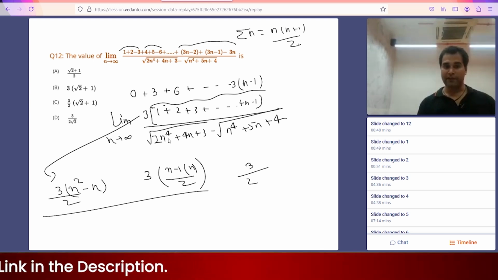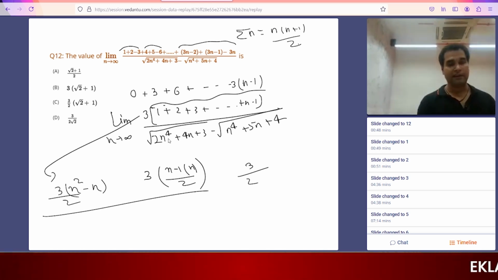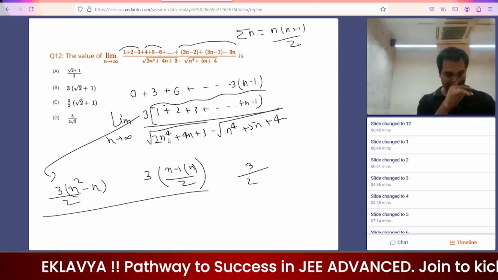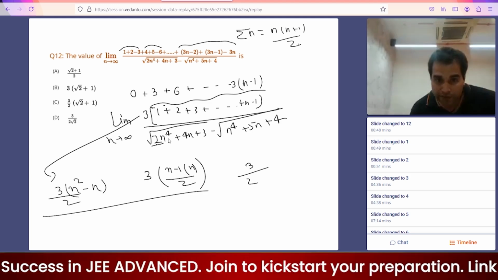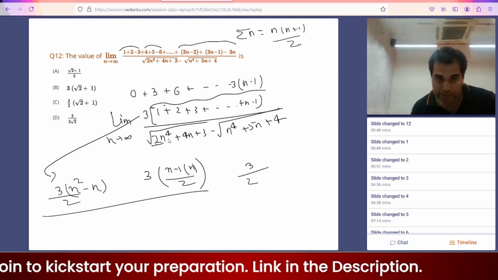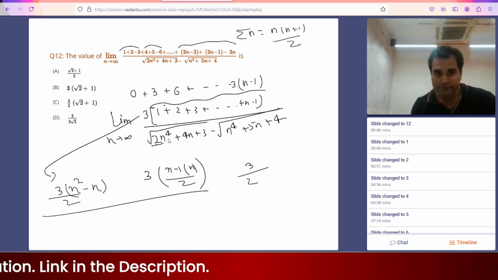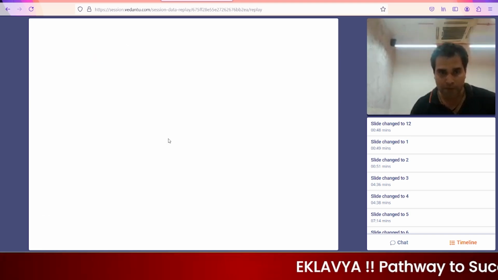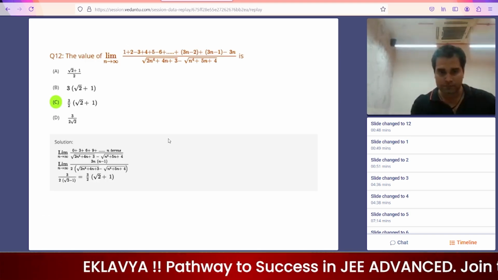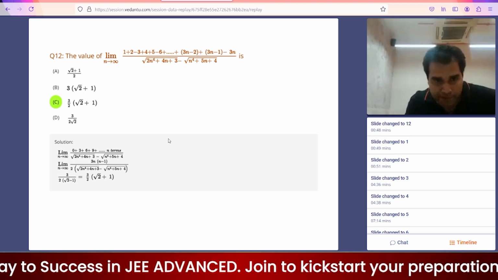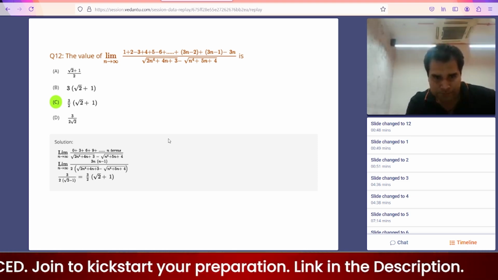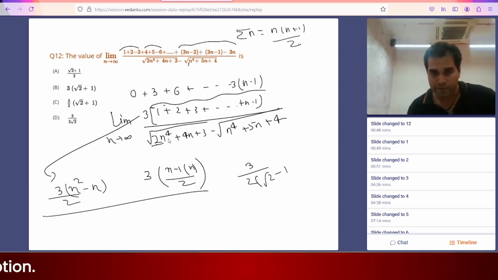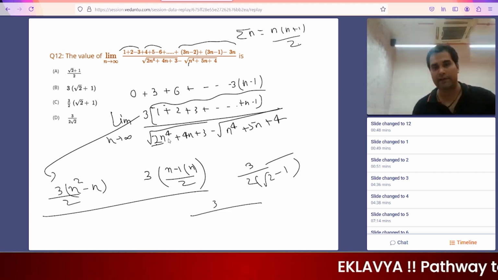The highest degree coefficient in the numerator is 3 by 2, and the highest degree coefficient in the denominator is root 2, and here minus 1. Here root 2 minus 1, and simplify here.